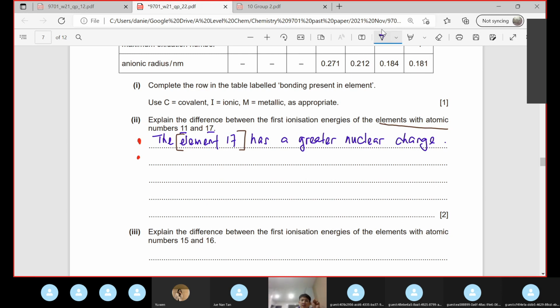Then the second factor. I believe some of you might ignore it. However, if you find that both elements come from the same period, even though they have the same effect, I advise you to write it down: both elements have the same shielding effect.